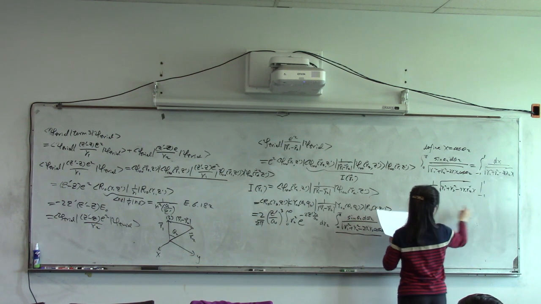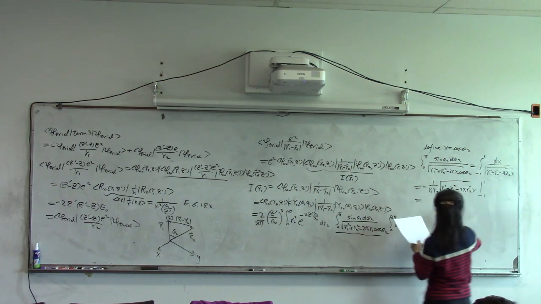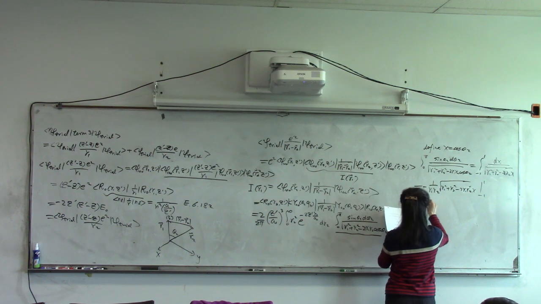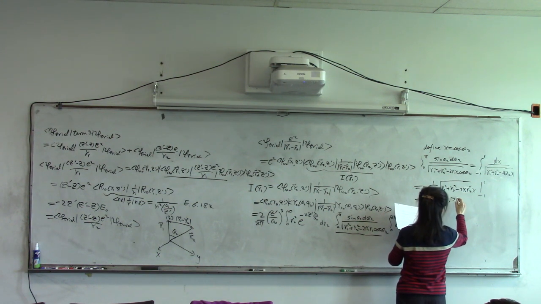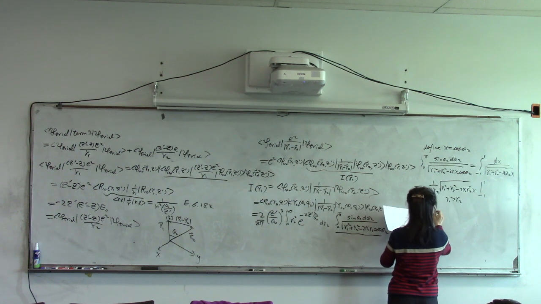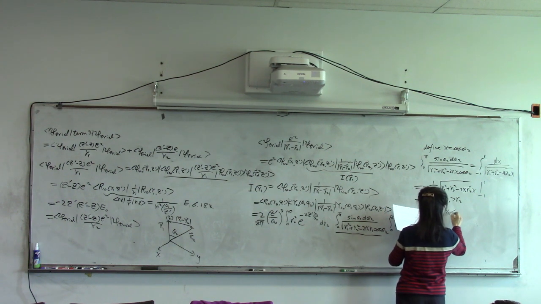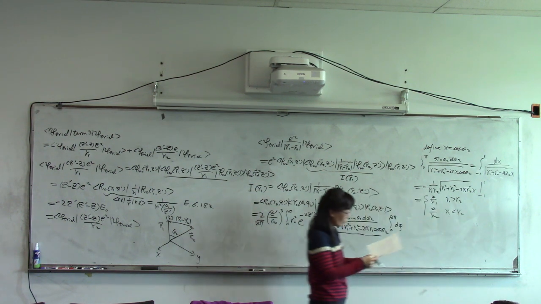And finally, when you substitute those numbers, you will see it becomes simple: 2 over R1 when R1 is larger than R2, and 2 over R2 when R1 is smaller than R2. So we have to separate two regions.